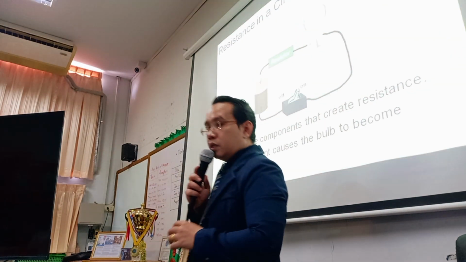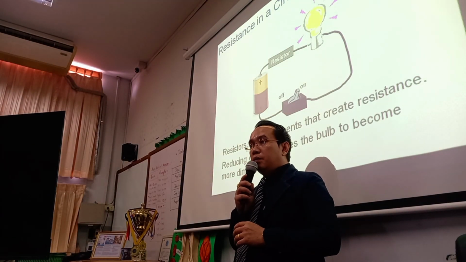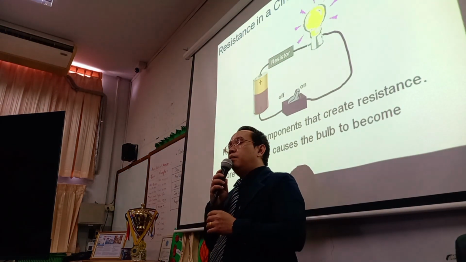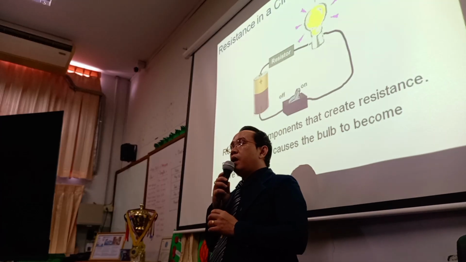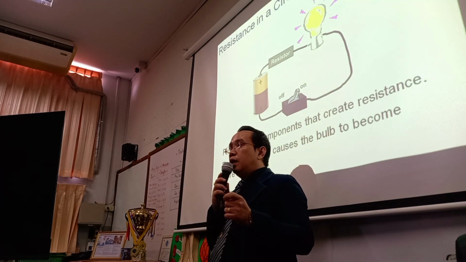So resistors help to reduce the current, causing the bulb to become more dim. That is why there were times that our bulbs or other appliances may experience what we call slow brightness.